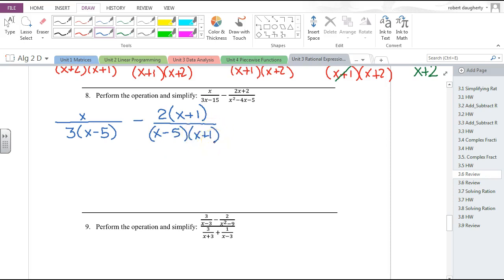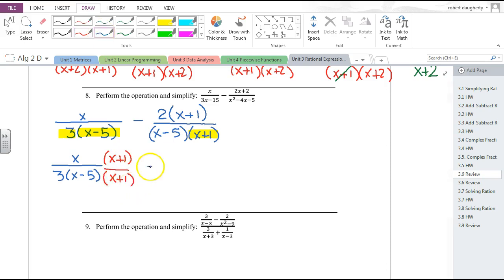So what is my common denominator? My common denominator will be 3(x minus 5)(x plus 1). That is my common denominator. So I need to do a couple multiplications. So x over 3(x minus 5) will need to be multiplied by x plus 1 over x plus 1.